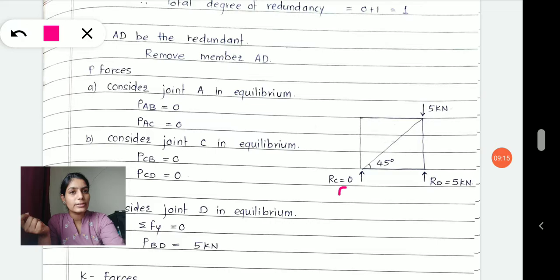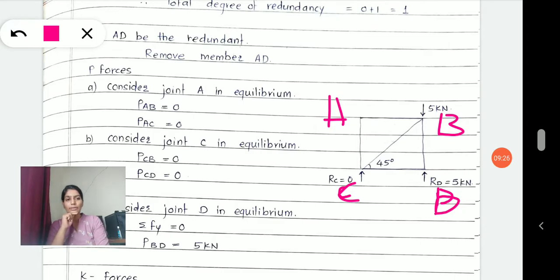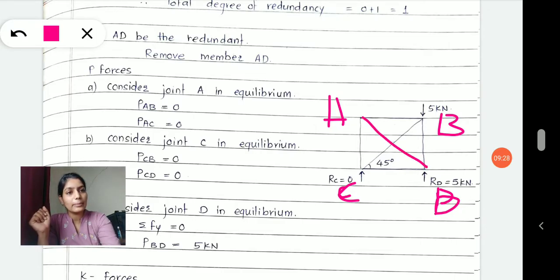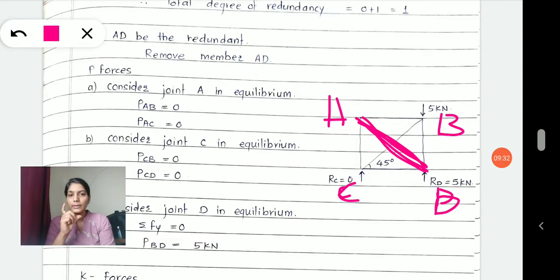Here it is mentioned as a C and here it is mentioned as a D. So I think A, B, C and D. These are the namings of our frame, and the AD member means this diagonal member is taken as a redundant. Whatever name has been given may cause confusion here, but simply understand the concept.